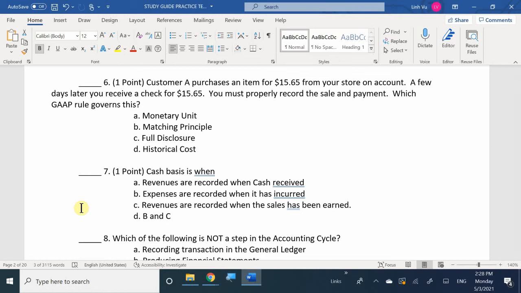Cash basis recorded when it has been incurred is not correct, and when sales have been earned, no. So who said B and C? I did. Okay, so no, that's the accrual basis. It would just be A only. Good.